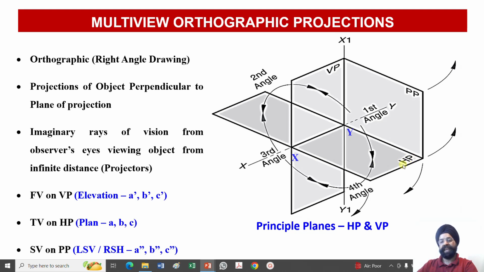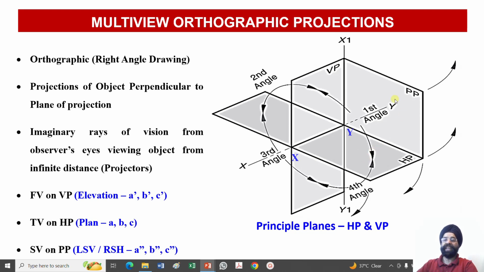The principal planes are the horizontal plane and the vertical plane, and this is the third plane which is the profile plane, and this is a plane which is obtained perpendicular to the vertical plane as well as perpendicular to the horizontal plane. So profile plane, basically it is a plane which is perpendicular to both HP and VP, and whatever image will be obtained over here, again this has to be rotated in this direction. But whatever image we obtain on the profile plane, the same things are already derived on either front view or the top view.